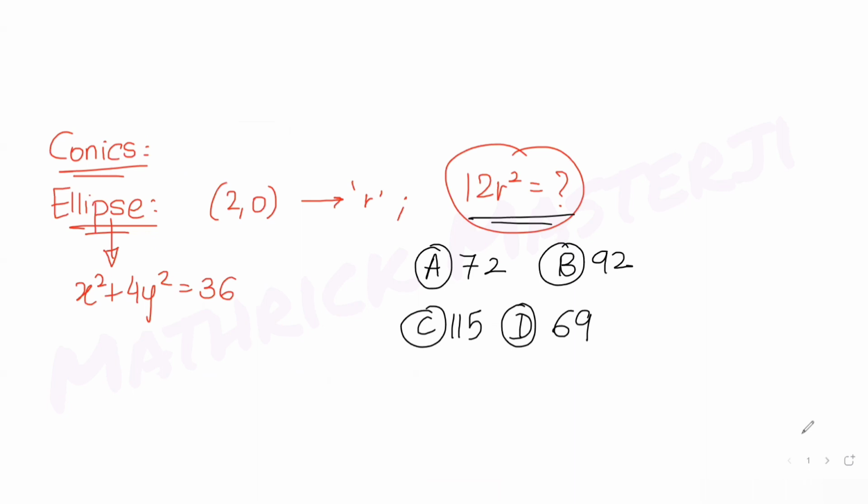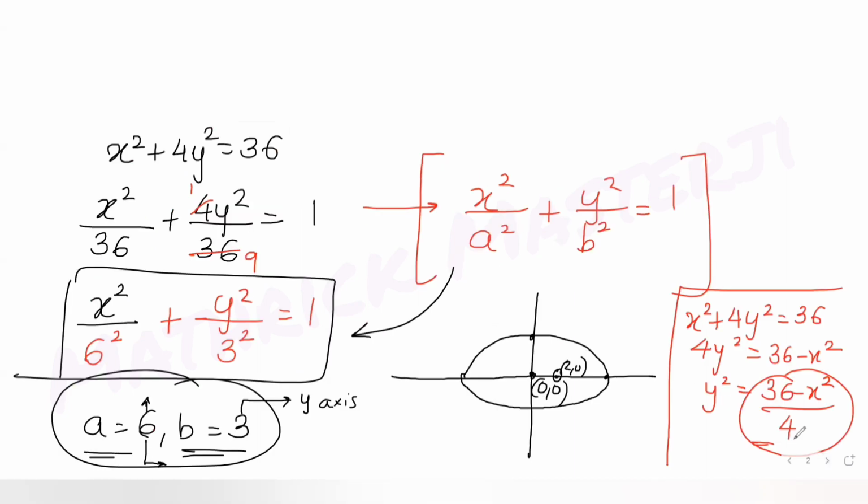Further, I need to find the value of the radius of the largest circle, and that circle is inscribed in the ellipse. The circle which is inscribed in the ellipse will have the minimum radius r, because if it has the maximum, it will touch the ellipse in more than one point on one side, right?